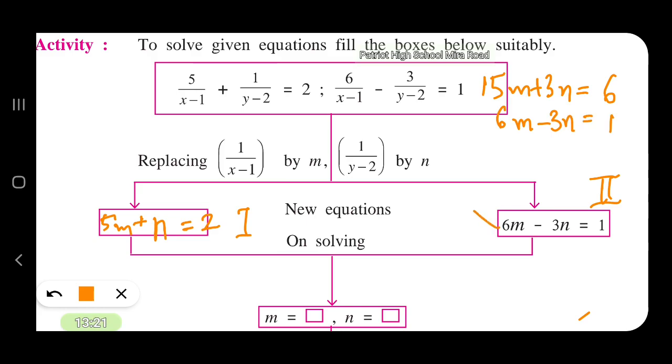The variable n has coefficients plus 3 and minus 3 in the two equations, so if we add them, n gets eliminated. So we have 21m is equal to 7, or m is equal to 1 upon 3. 7 3s are 21, so the value of m is 1 upon 3.